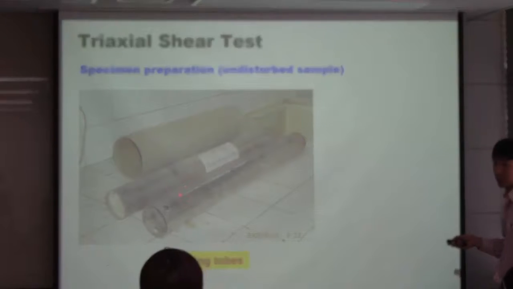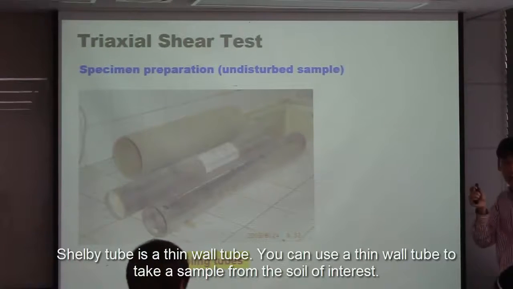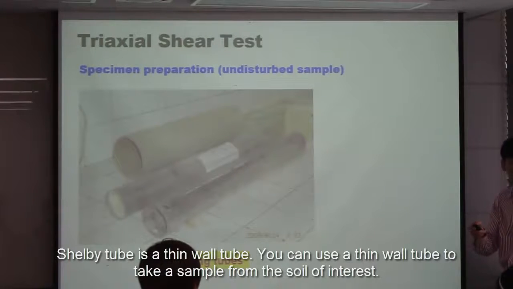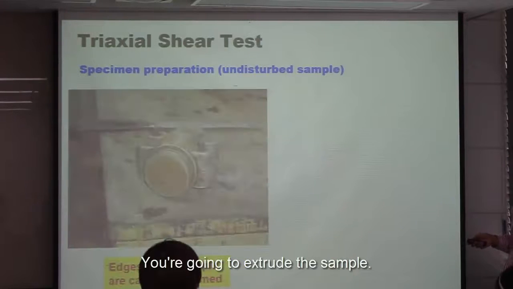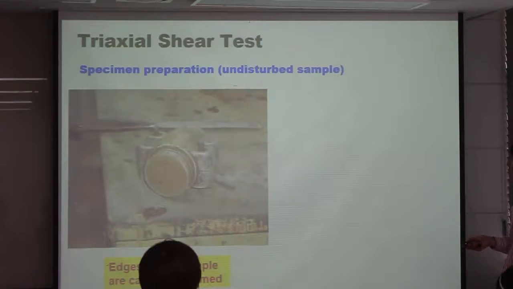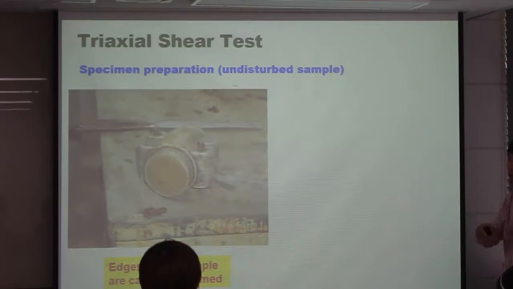Shelby tube. I've shown you before the Shelby tube, or the thin wall tube. We can use the thin wall tube to take the sample from the field of interest, and you're going to extrude the sample using the extruder. When you take the sample out, you place it in the sample holder and trim it carefully, not to disturb and not to change the fabric of the soil.